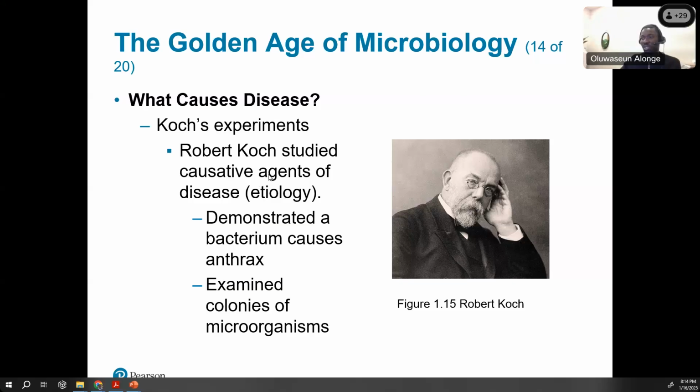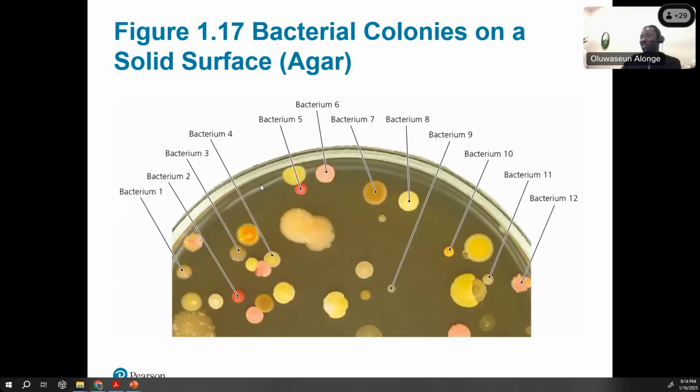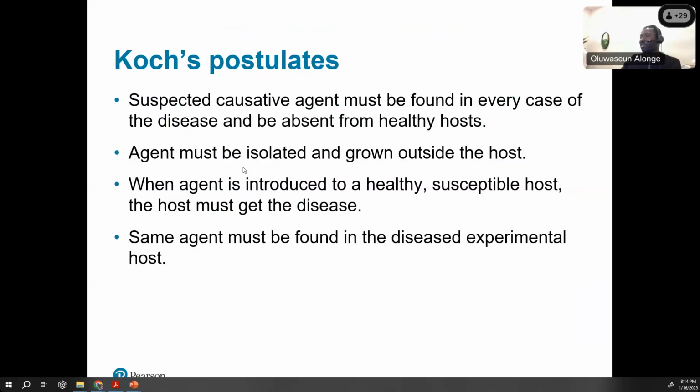They cause diseases. So he demonstrated that a bacterium, for instance, caused anthrax, and then he observed some of their colonies. I don't think I really need to talk about this research. Let me see if there's anything else I still need to touch on before time goes off.